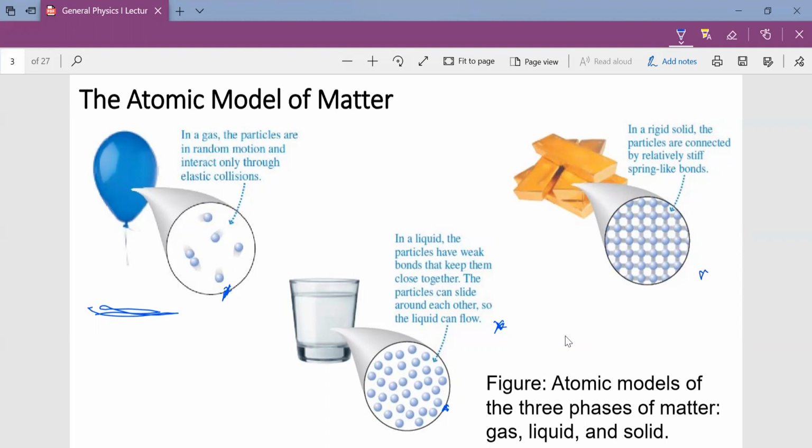Then we'll see that of the solid here. The solid has a defined pattern. You can see the arrangement with the spring-like bonds existing between them here. These are the spring-like bonds. We have seen this kind of shape before when we talked about friction, okay?